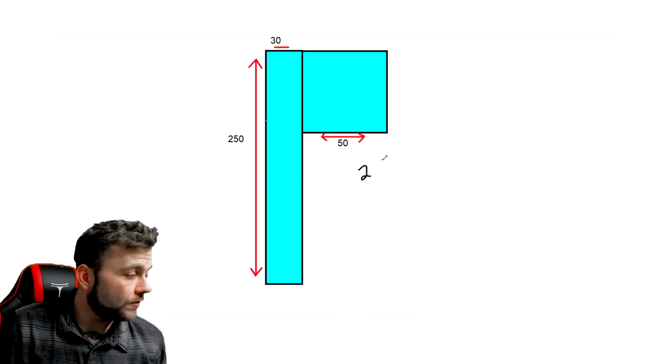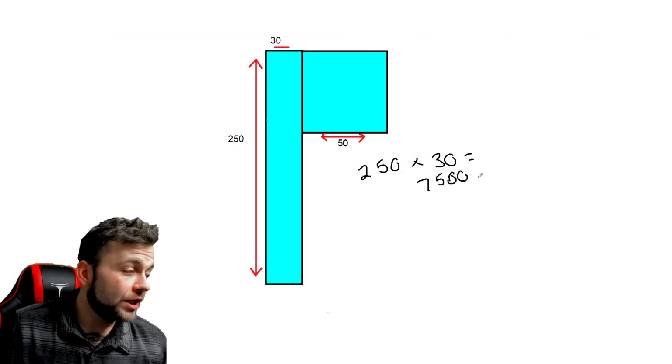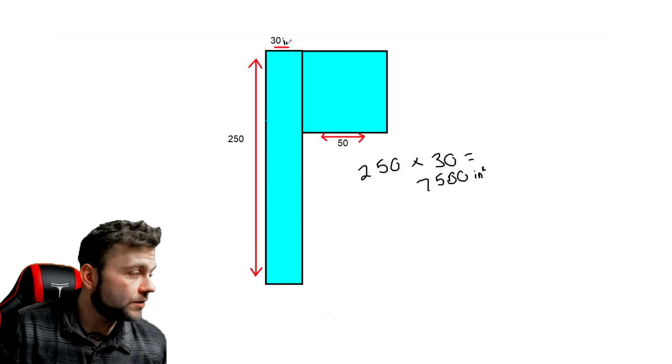So 250 times 30, and that equals 7,500. And so that would be 7,500 inches squared. Inches squared. So this is inches, and these are inches.